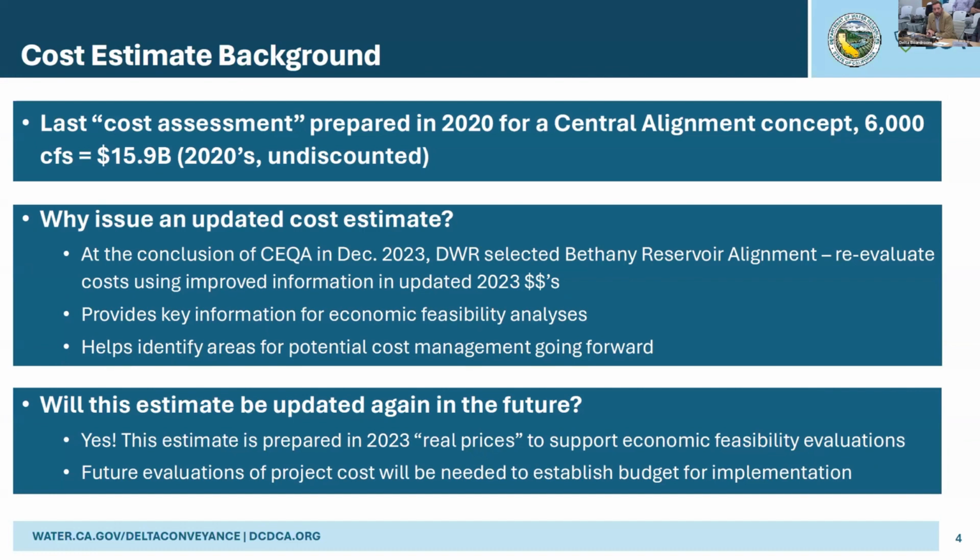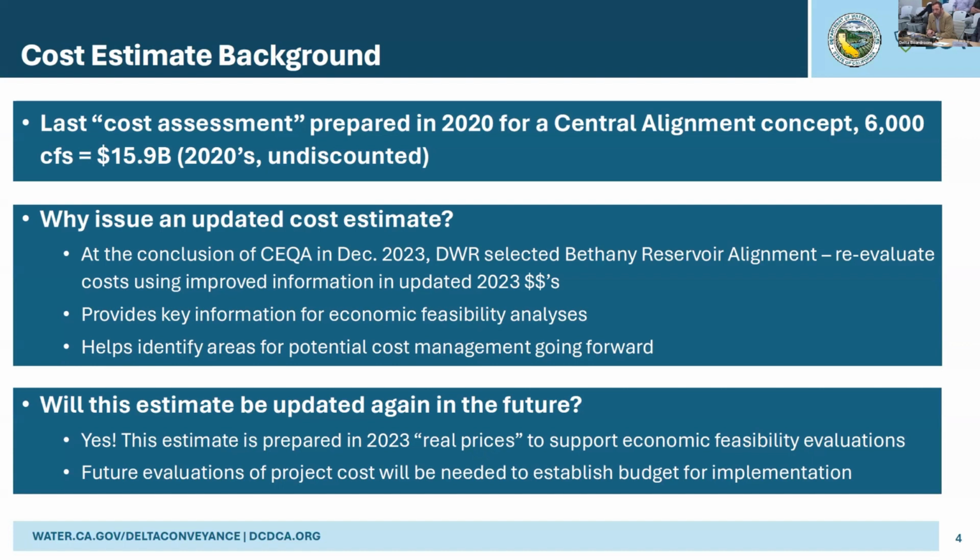So why are we issuing an estimate now? So first of all, we've been talking about this. The Department of Water Resources selected a preferred project for further study. That is the Bethany Reservoir alignment. It's the perfect opportunity now to update the cost using all the improved engineering information that we've developed, update those dollars to 2023 dollars. There has been quite a bit of inflation from 2020 to 2023.